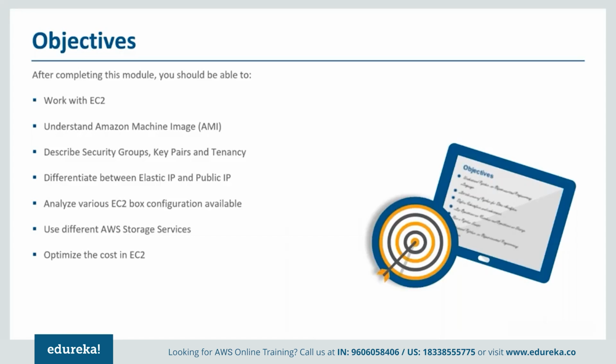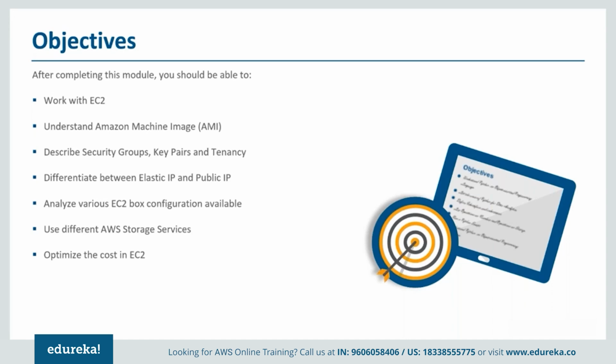The main agenda for this entire session: we'll be discussing what exactly EC2 is, how it is structured, and how we can get started using EC2 as one of the main services offered by AWS, as part of Elastic Compute Cloud.